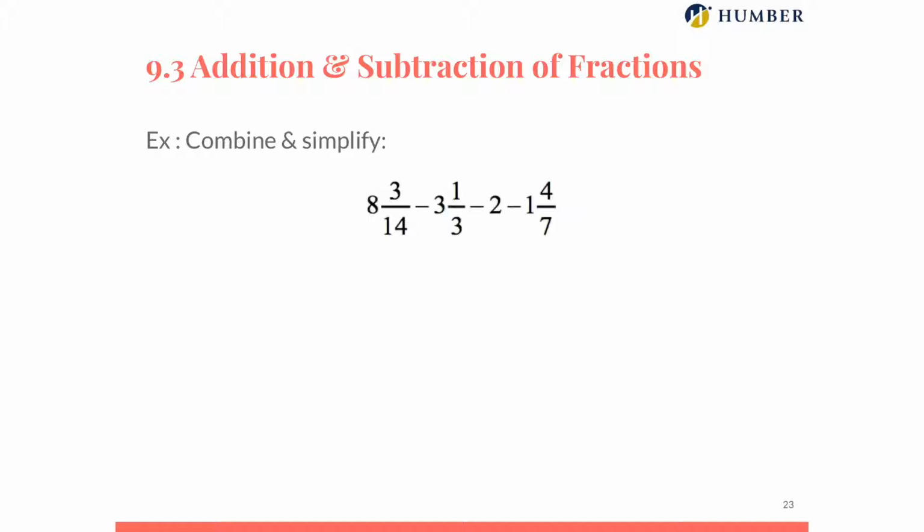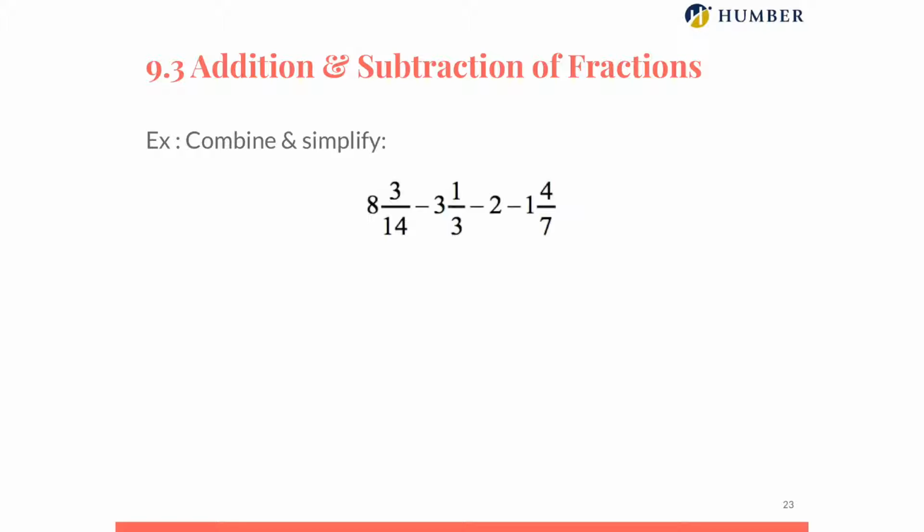Okay. The only thing that I should probably make sure of, whether you're doing this manually or on the calculator, is really, really simple. Just use the ABC button 4 times. Well, actually 3 times. 8 ABC 3 ABC 14 is enough to enter the first number, minus 3 ABC 1 ABC 3 is enough to enter the second fraction, and so on. You won't need the ABC button here, and then you can enter this way also.